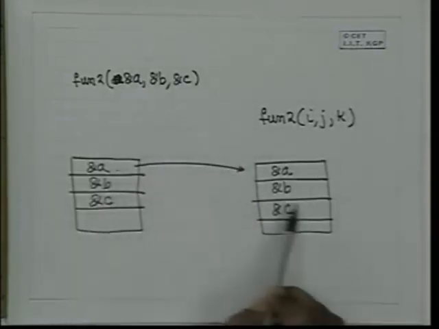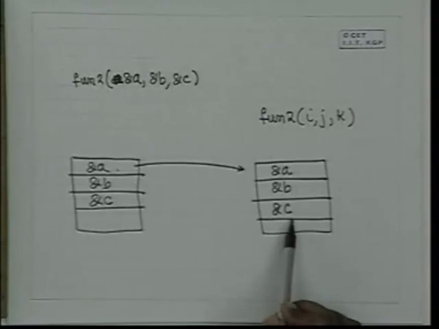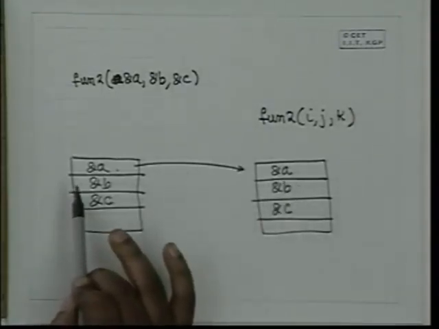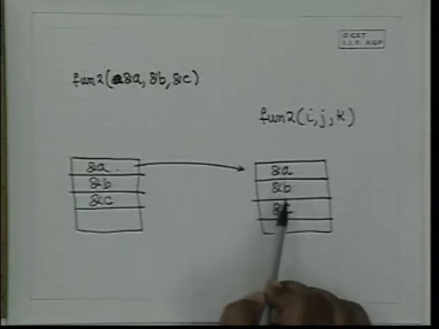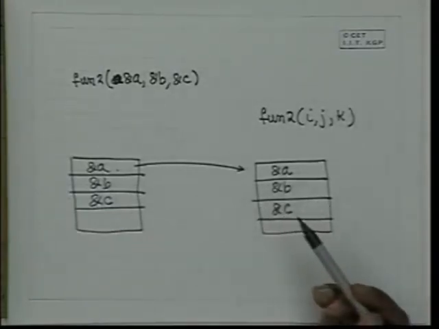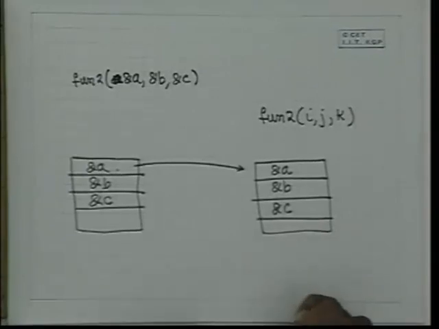So once this is copied in here, it does not matter whether it is copied back or not. What I am going to do is I am going to modify the contents inside. So those contents are going to change anyway, and I am going to get it back reflected. So we'll just quickly see the program.